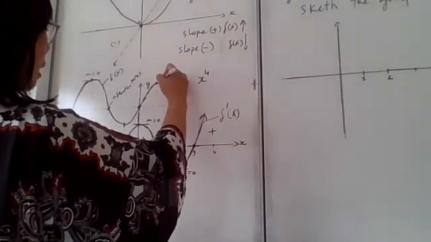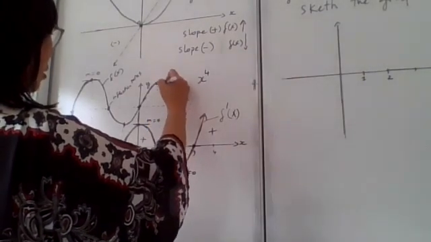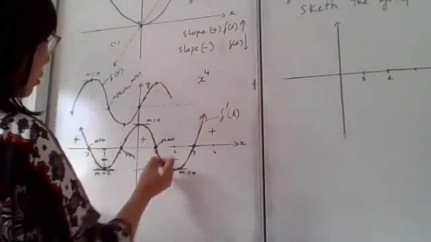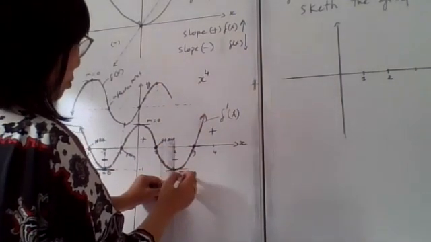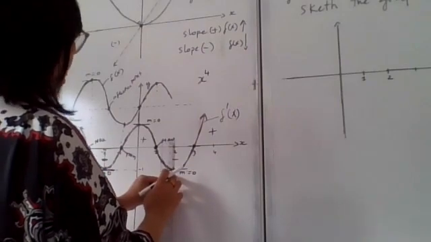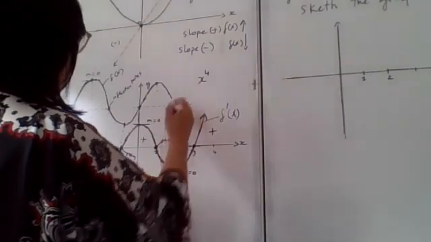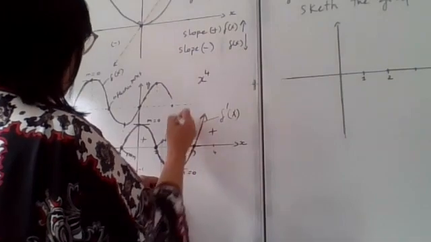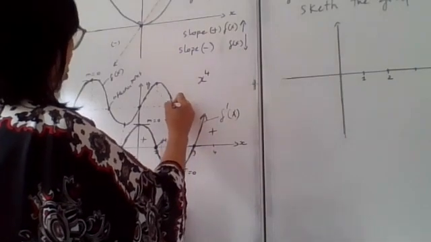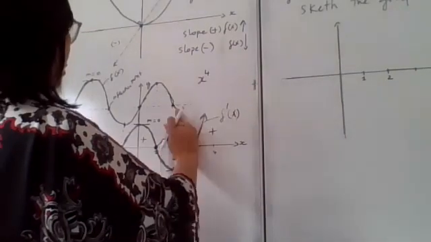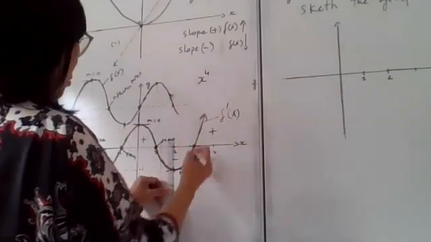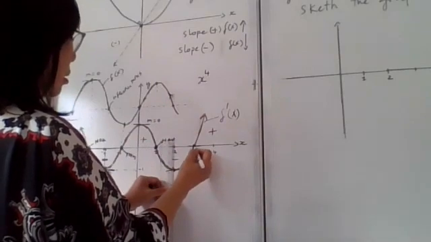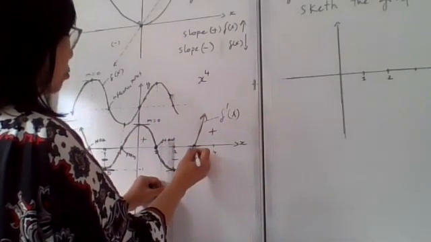So our function goes down again because of the negative slope. And then we have a horizontal line here. It means our function will go through 0 right here as well. So it goes to 0, right? Right here, 0.